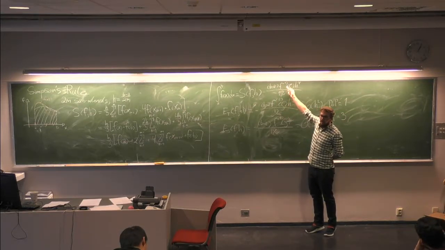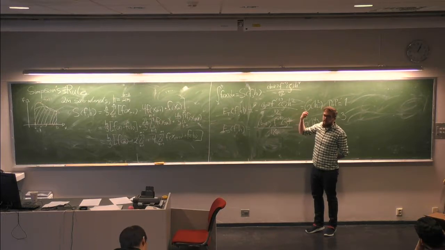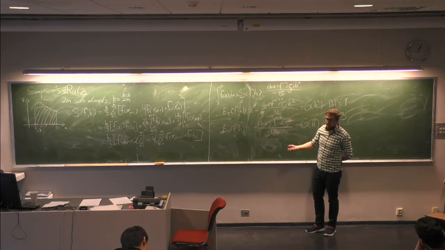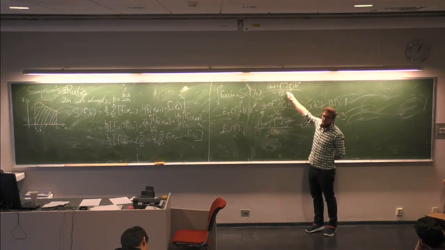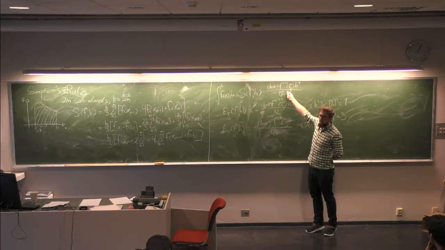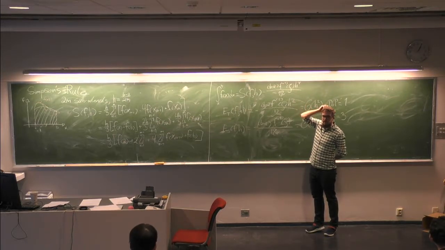So if you have a polynomial of degree 4, you will have some kind of rest here. But if you have order 3, if you differentiate this 3 times, it would always be 0. Make sense? Yes? No?